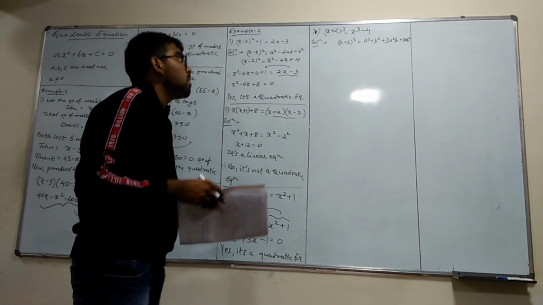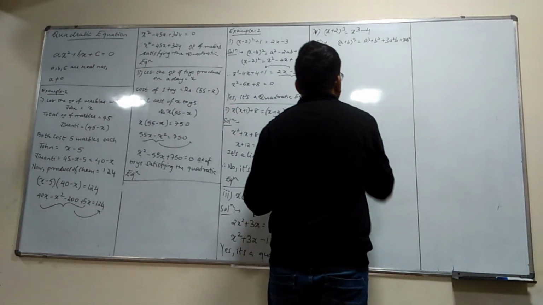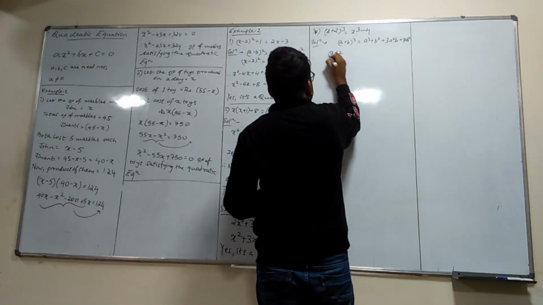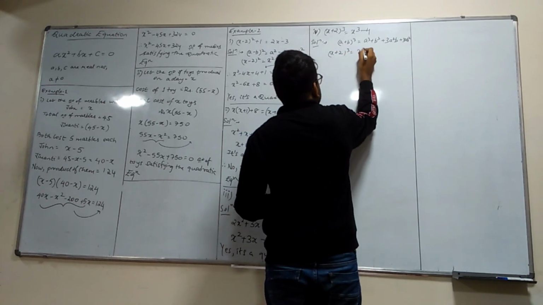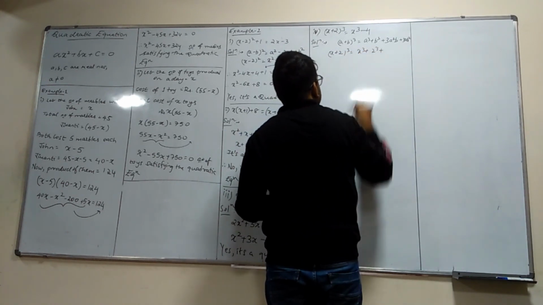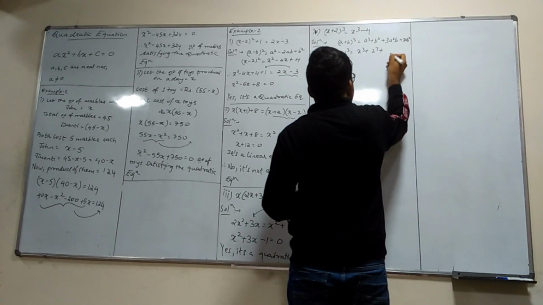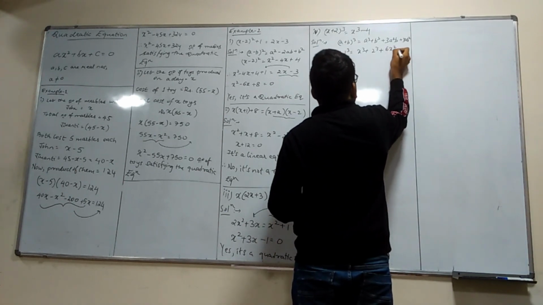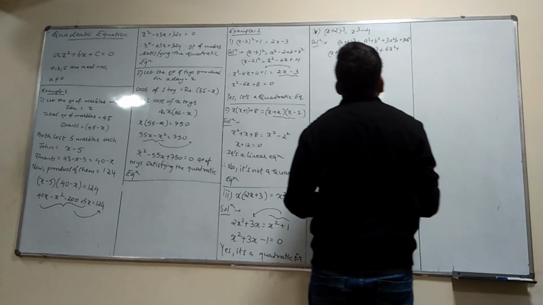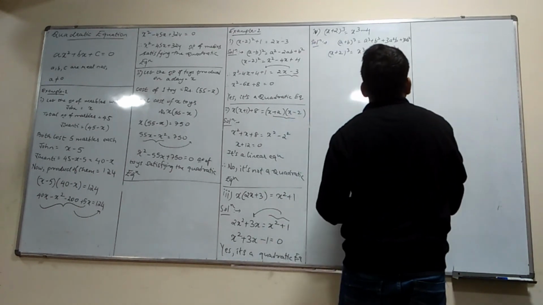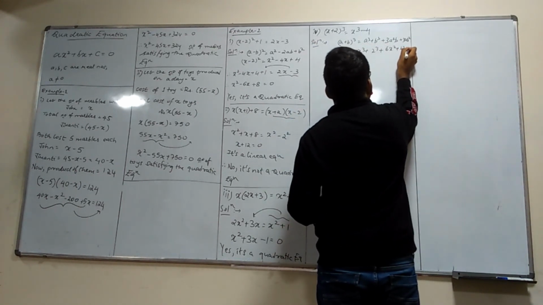Okay, so now let me write (x plus 2) the whole cube as x cube plus 2 cube plus 3 into 2, which is 6x square, plus 3 into 4, which is 12x.